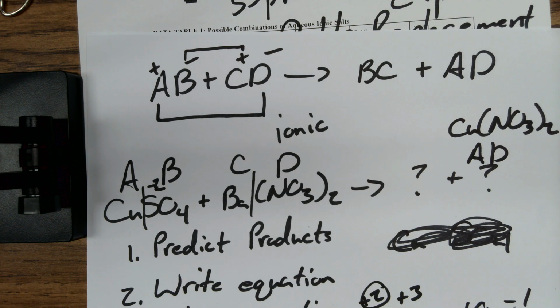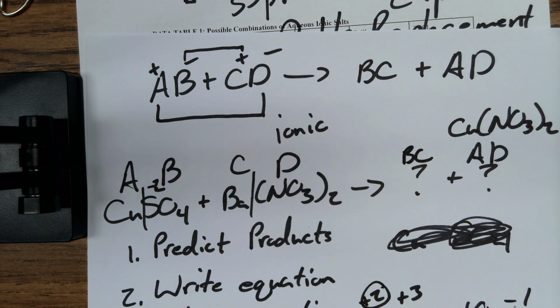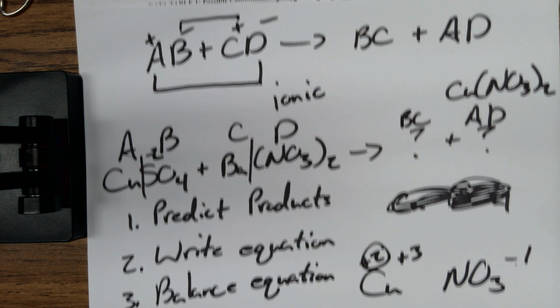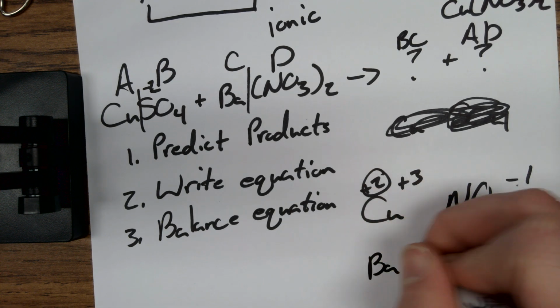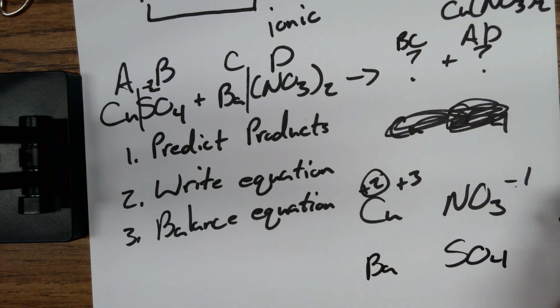So what's my BC? Barium sulfate. Very nice. So barium and the sulfate. Now the nice thing about the sulfate, we already know what charge it is, right? We know it's a -2. What's the cation charge of the barium?